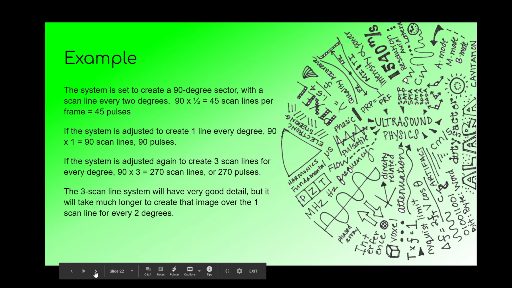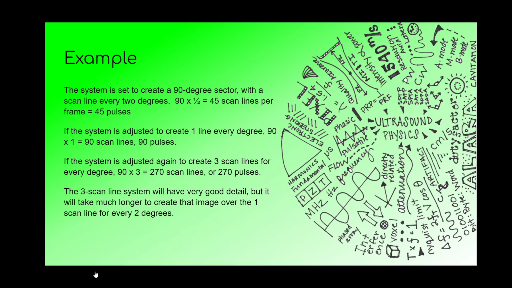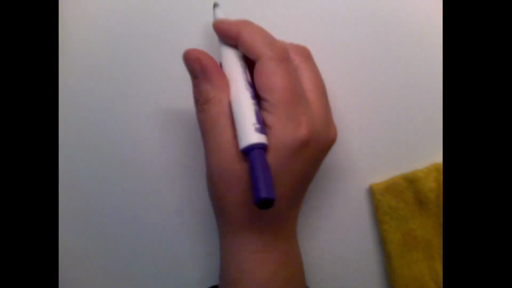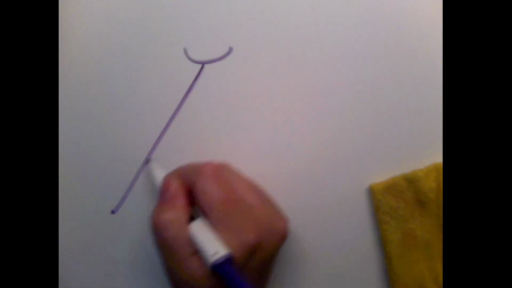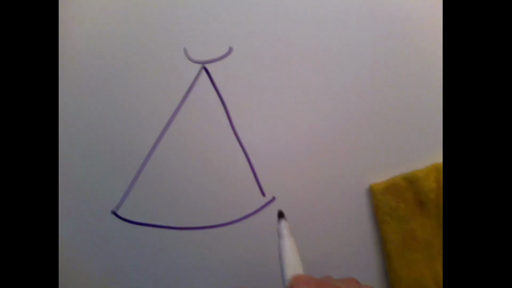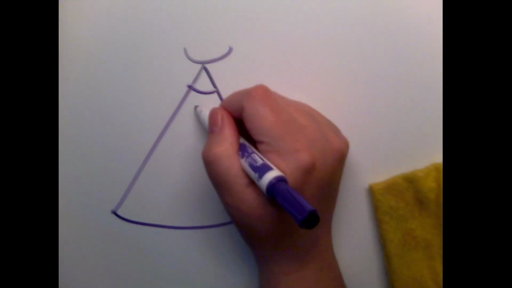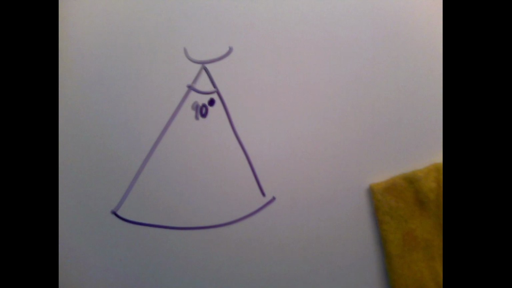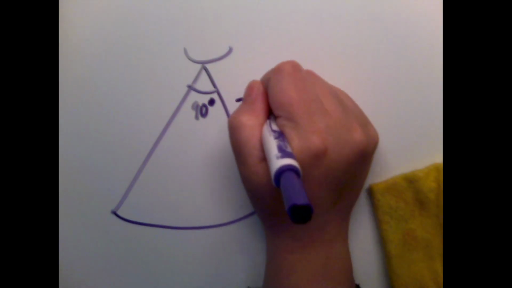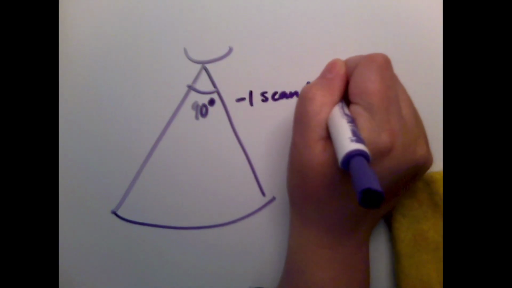And so this example shows us a nice way that you'll see any questions regarding line density set up. I'm going to go to the whiteboard real quick here. All right, so we have our transducer and then we have our sector. And what you will see is they will call this a 90-degree sector. And then it'll say there is one scan line per degree.